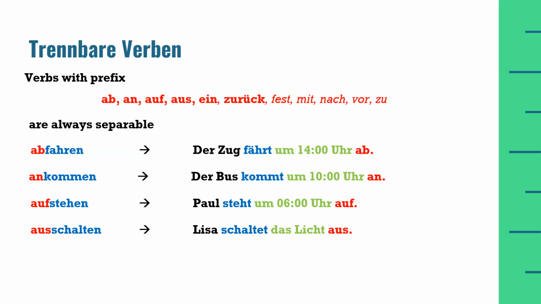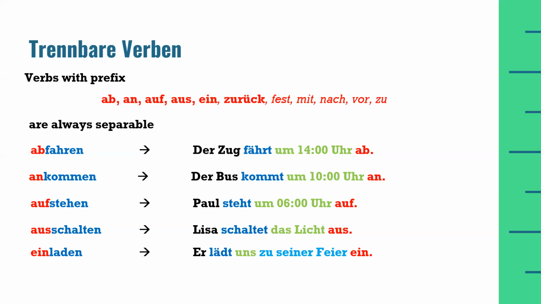Since the schalten verb has a prefix aus, and whenever we use this aus as a prefix with a verb, then we have to separate the verb. It's a separable verb, so schalten will be conjugated according to the subject of the sentence and aus will go to the last position of the sentence. Lisa schaltet das Licht aus.